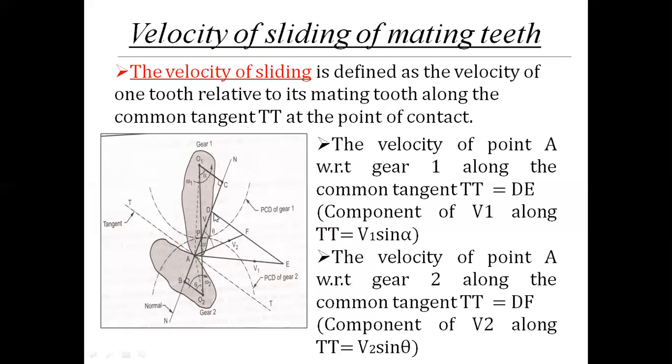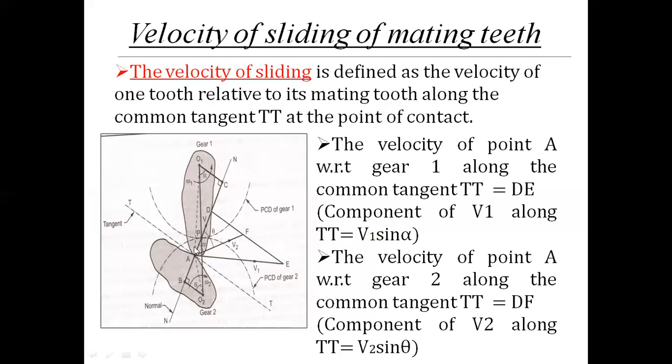To find the velocity of A along the common tangent line, I am considering the triangle ADE, because the common tangent line is parallel to DE. So we have to find DE.